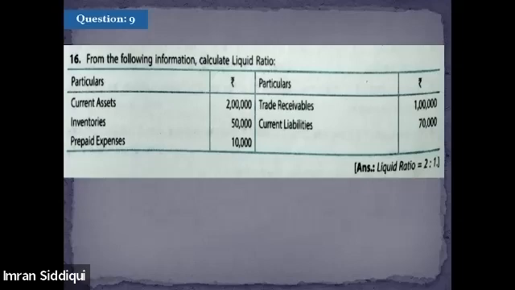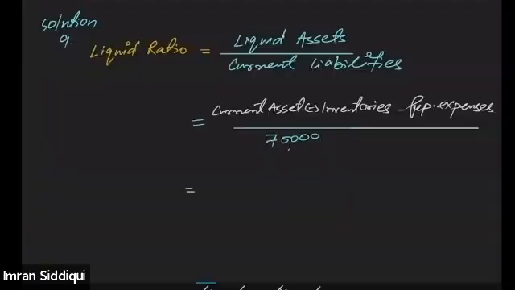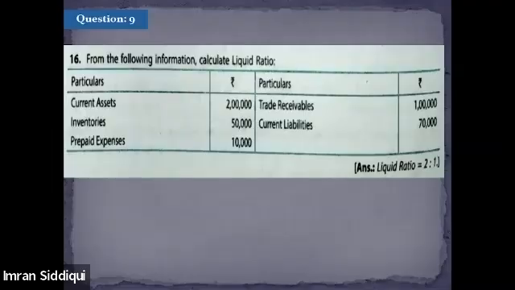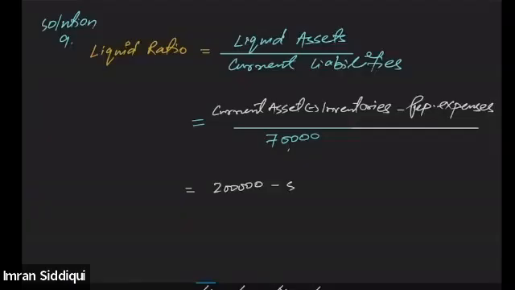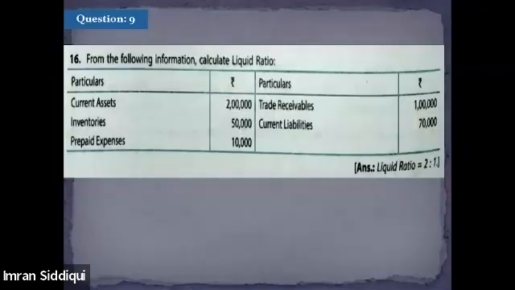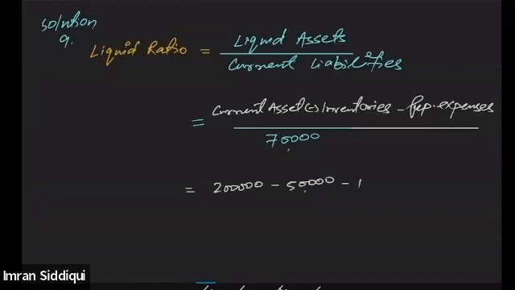All right. Now, if you are not able to see, it is current asset minus inventory minus prepaid expenses. Now see, the value of the current assets is given in the question. Inventories is there, 50,000, minus the prepaid expenses is also there, 10,000, divided by 70,000.